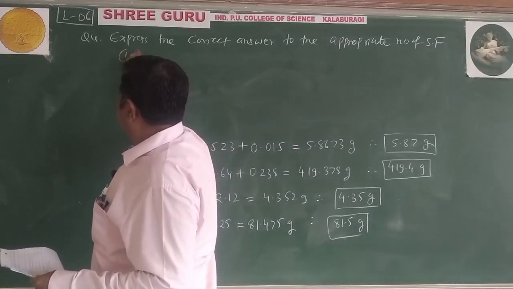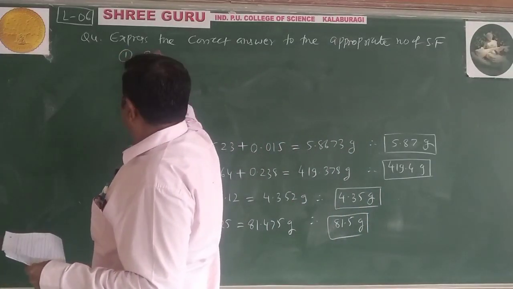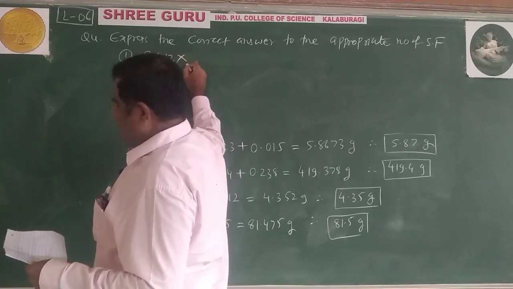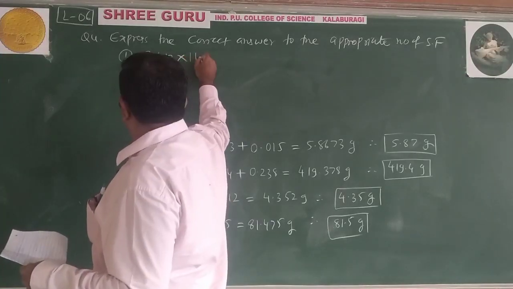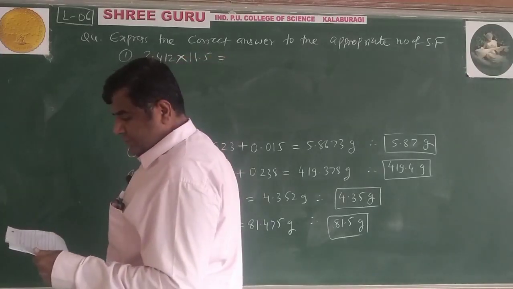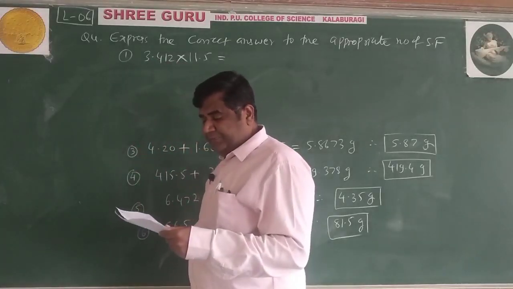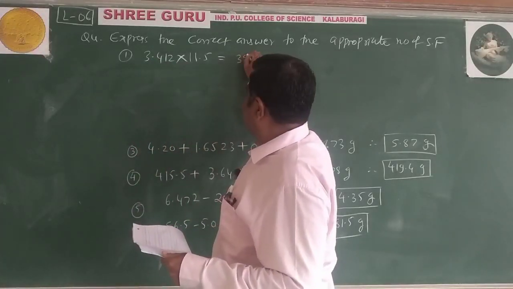The first one is 3.412 multiplied by 11.5. Multiplication.